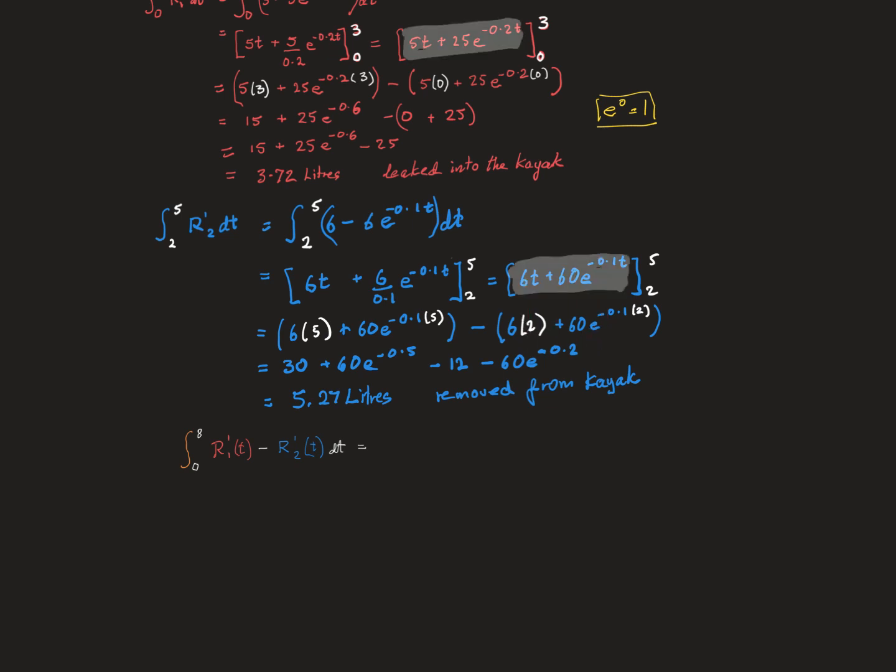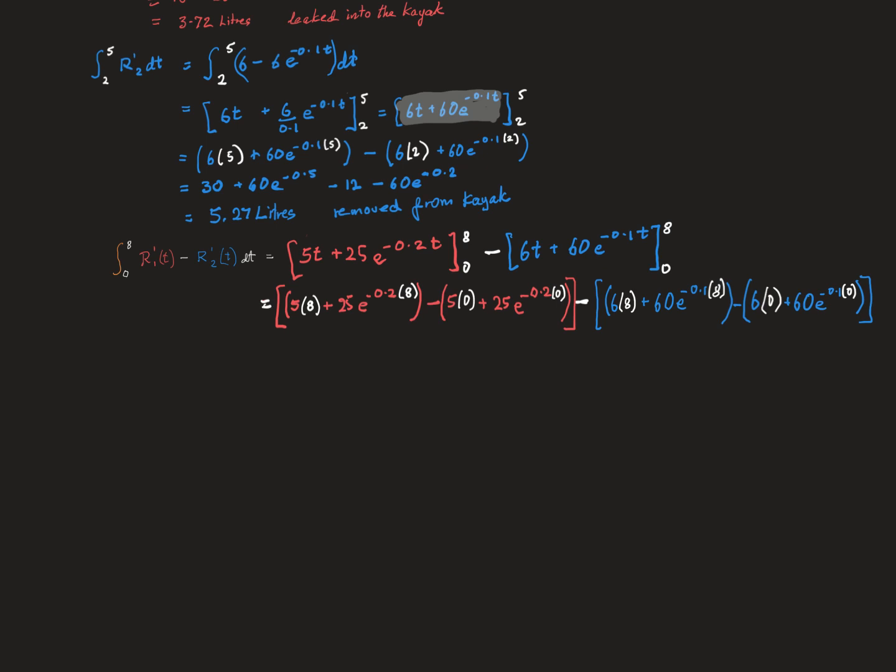So I will write 5t plus 25 e to the minus 0.2 t from 0 to 8, and then take away 6t plus 60 e to the minus 0.1 t, also integrated from time 0 to time 8.